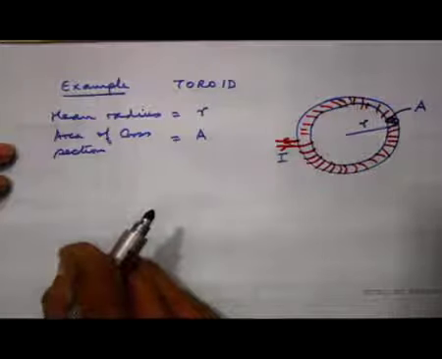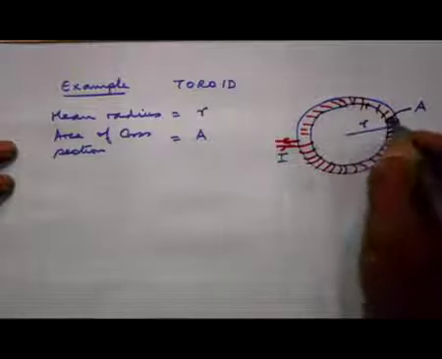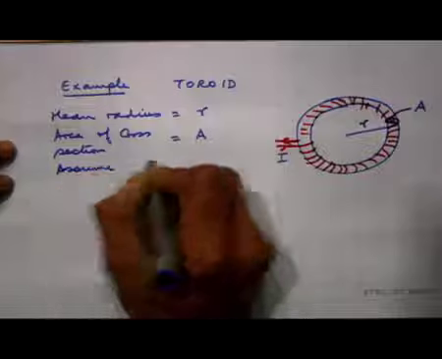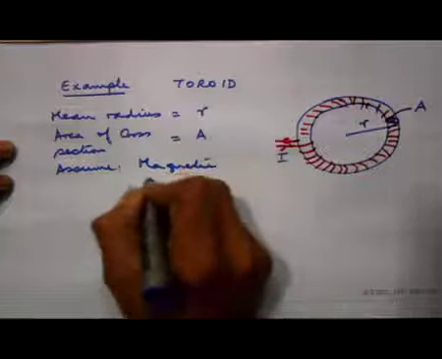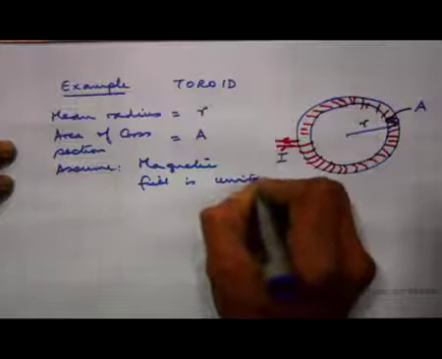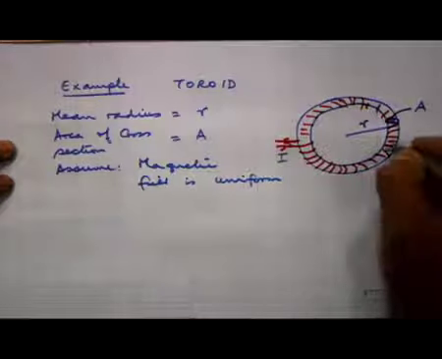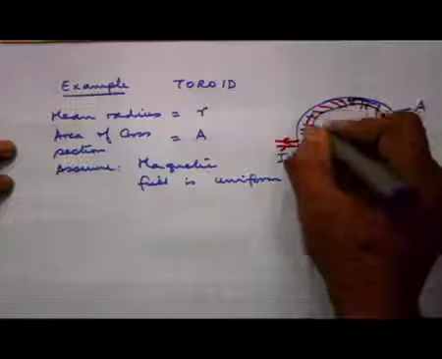So, to calculate the flux, I must know the magnetic field. So, if the dimension of the cross section of the toroid is small compared to the average diameter, I can assume that the magnetic field is uniform within the toroid, and by symmetry, as we had discussed before, the magnetic field must be in this direction.